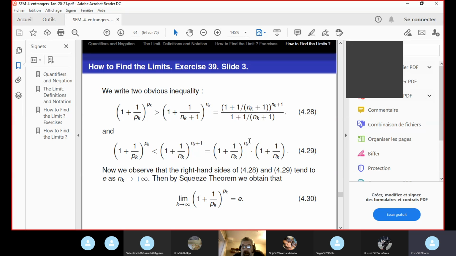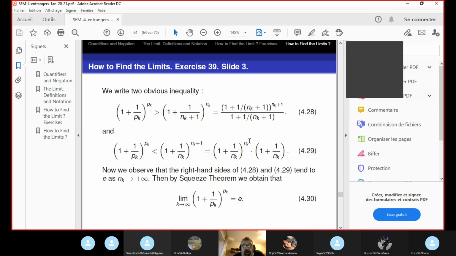Yeah, it's clear. Now, you see, I do not write both inequalities. I hope you can do it yourself.